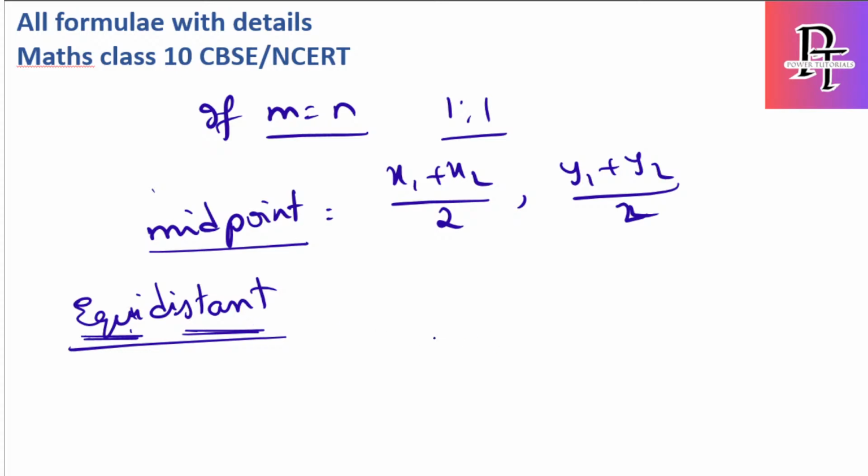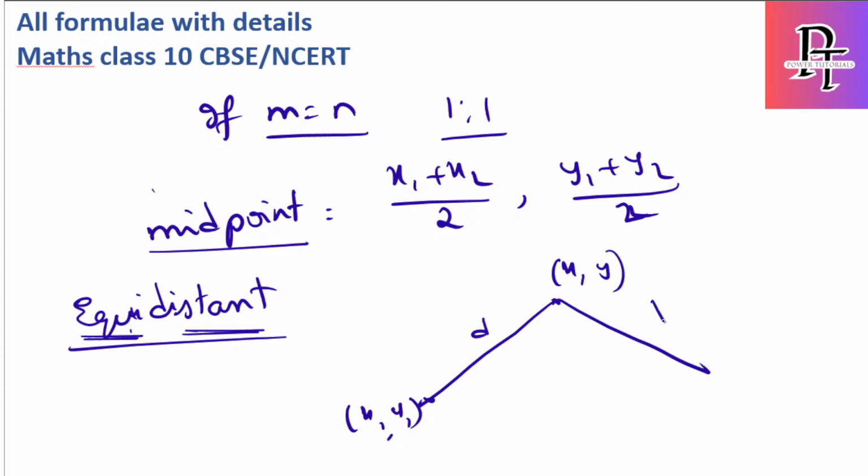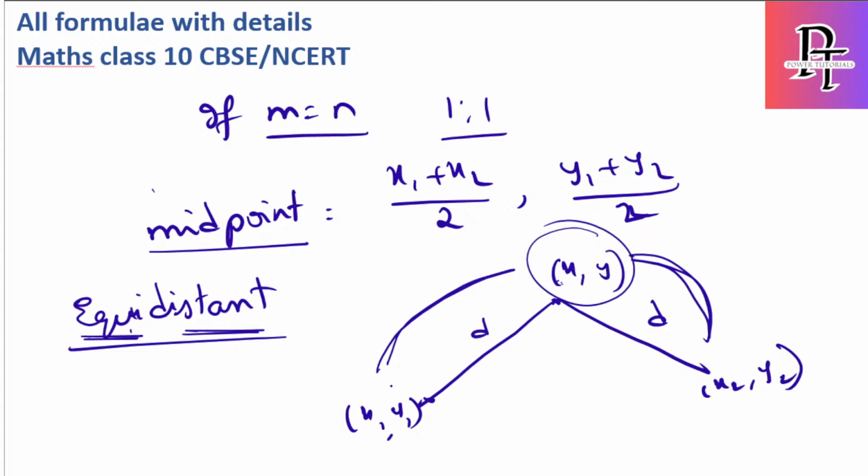So if I find a point, suppose here x comma y, which is equidistant from both these 2 points, then this distance, suppose this is d, the same will be here as d. Distance from these 2 points should be equal to distance from these 2 points. Then I can say this point is equidistant from these two.